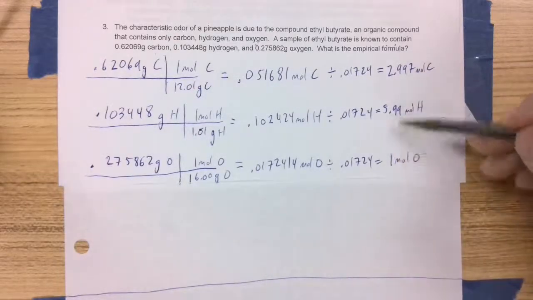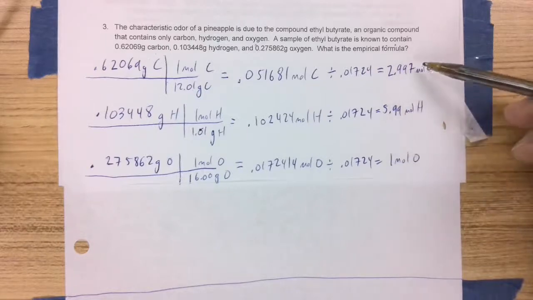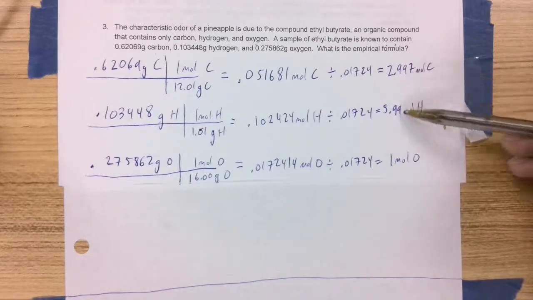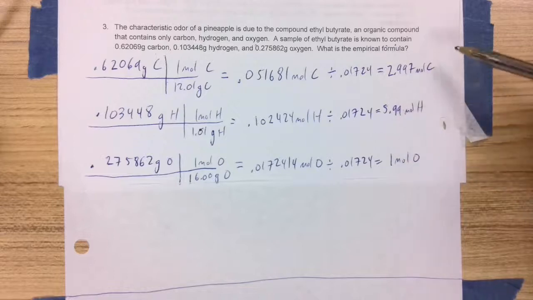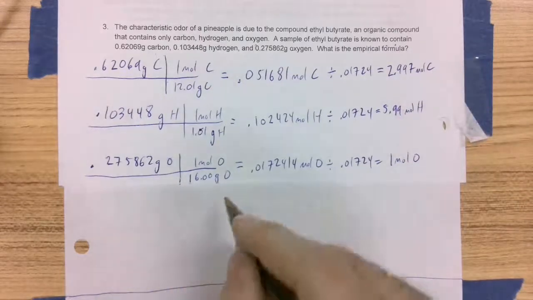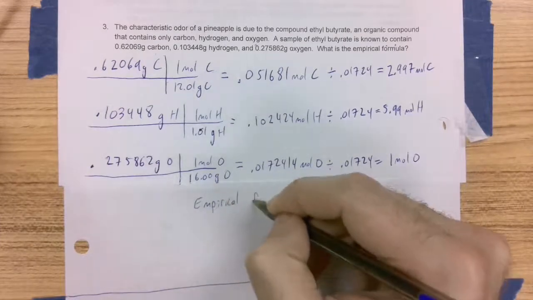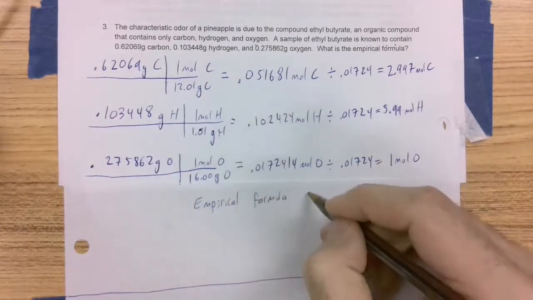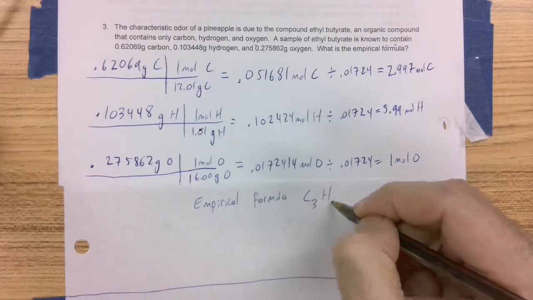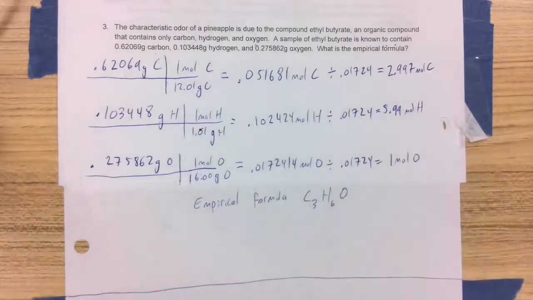So I feel really confident that it wasn't anything other than 3, 6, and 1. And so I'm going to say that the empirical formula is C3H6O. You don't have to list them in this order in 10th grade. It's a convention that organic chemists use to write them in that order.